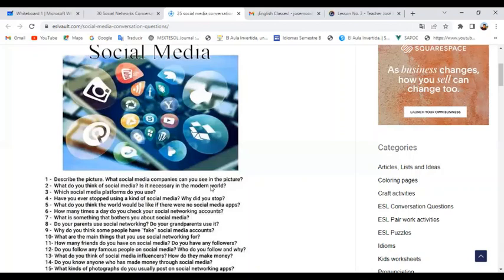So, Benjamin, have you ever stopped using a kind of social media and why? I use the social media WhatsApp and Facebook Messenger. WhatsApp for communication with my family and my colleagues, and Messenger for communication with my family and for watching some information about the news about successes around the world and some fun, and only that.